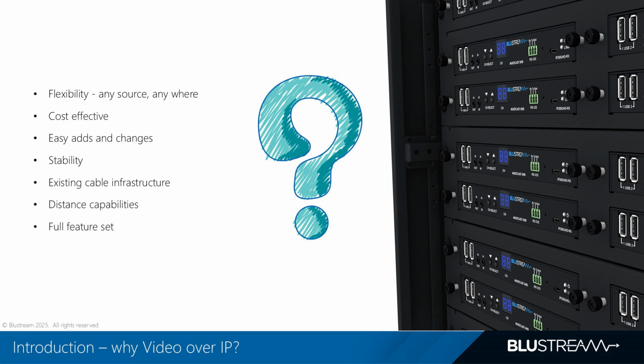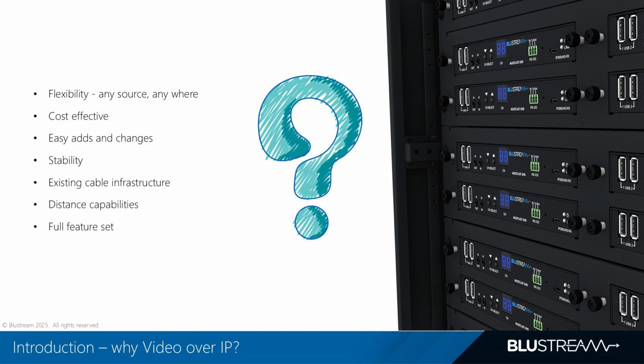Let's begin with the big picture. Why more and more integrators are choosing video over IP as the foundation for their audio and video distribution systems. Quite simply, video over IP offers unmatched flexibility, scalability, and performance. By leveraging standard network infrastructure, it enables the seamless delivery of high bandwidth video, audio, control signals, and even power across long distances.